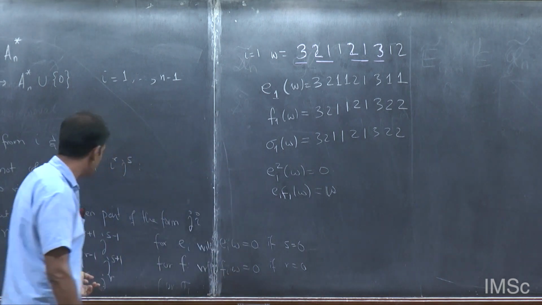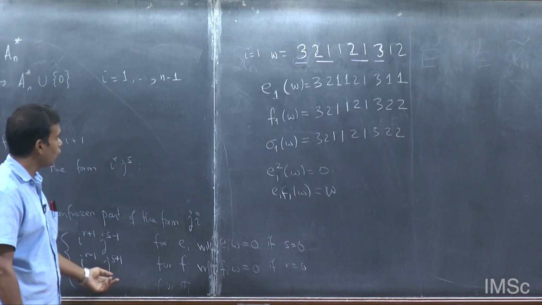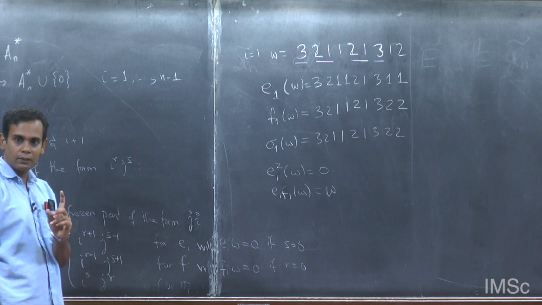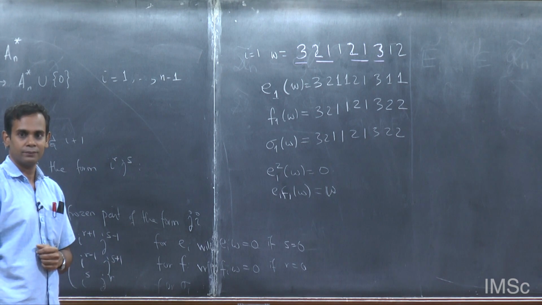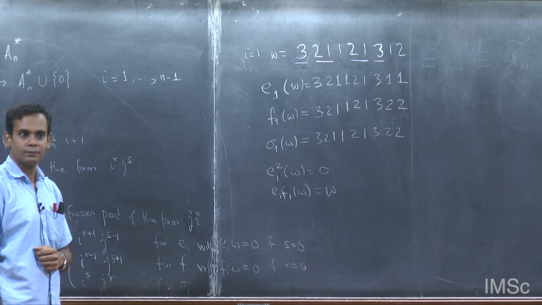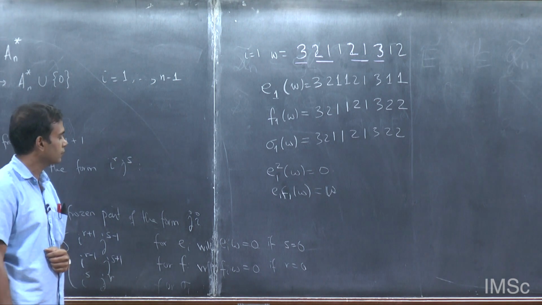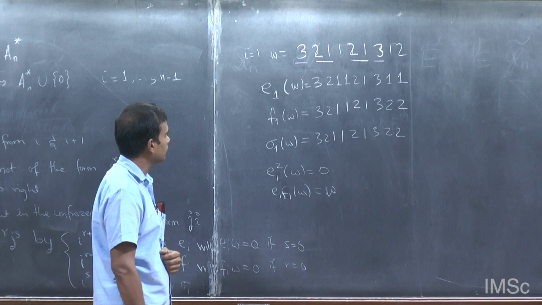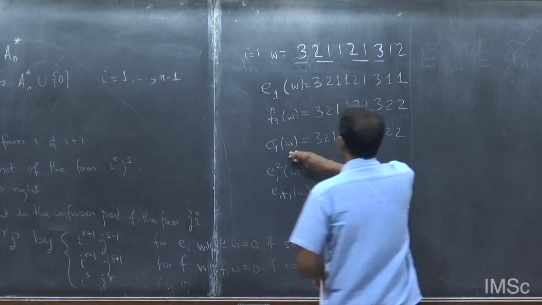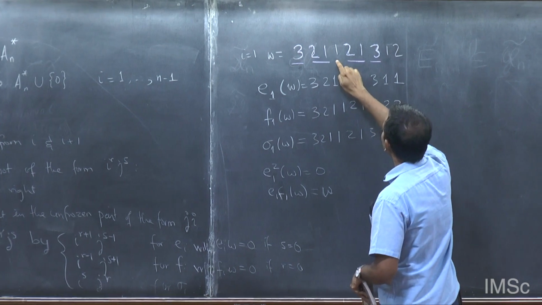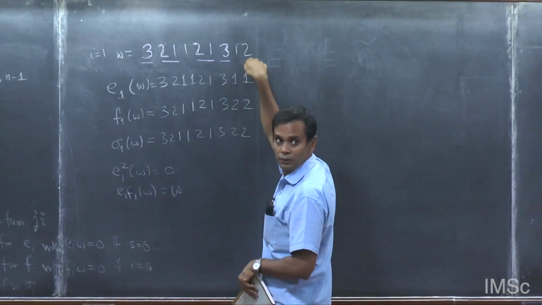No, it is still 1s followed by 2s, but the number of 1s and the number of 2s is swapped. Which one? So, here let us just do it more carefully, sigma_1 of w. So, the unfrozen part is 1, 1, 2.